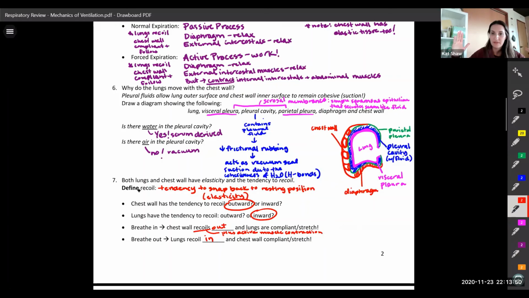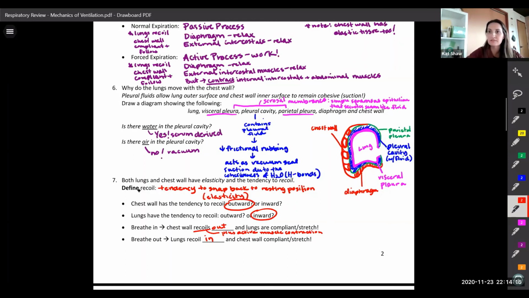Right? If we actually dissociated the lungs and the chest wall from one another, if we broke this vacuum seal, then the lung would undergo that collapse, that atelectasis, right? And collapse inward, recoil inward, while the chest wall would move in the opposite direction, right?